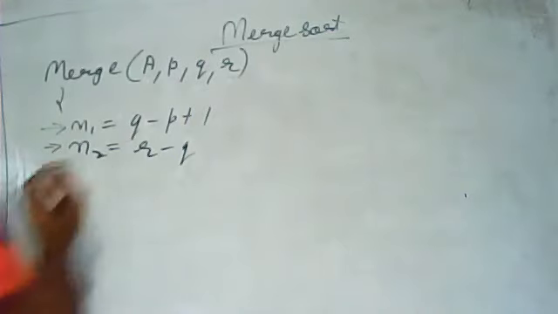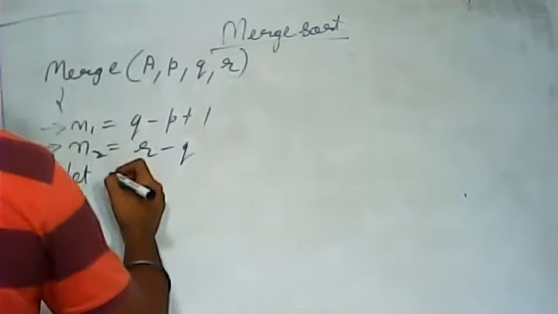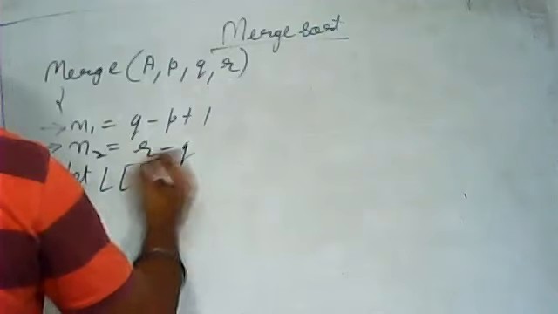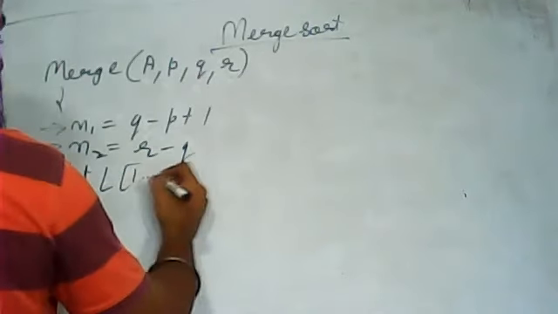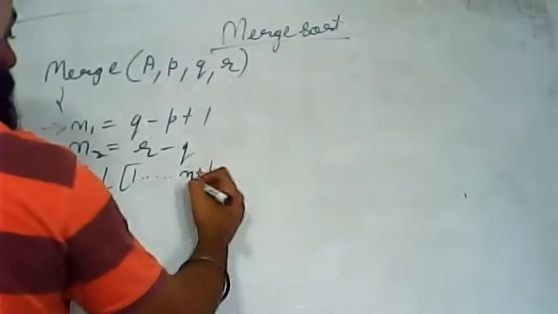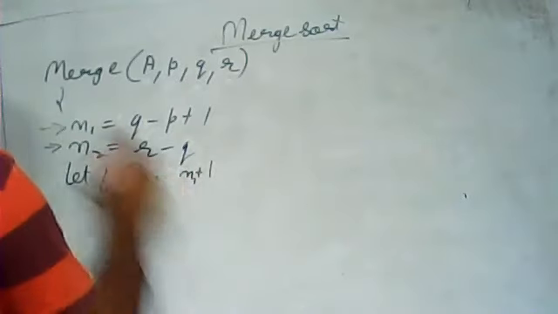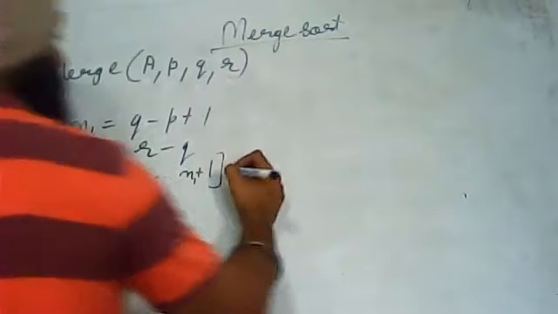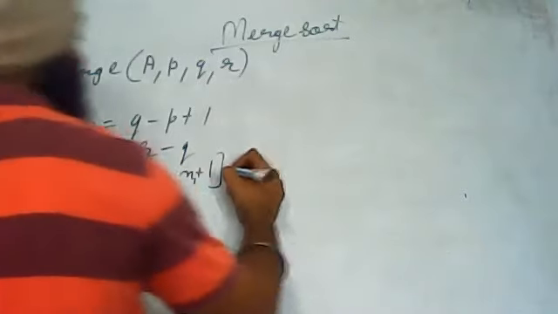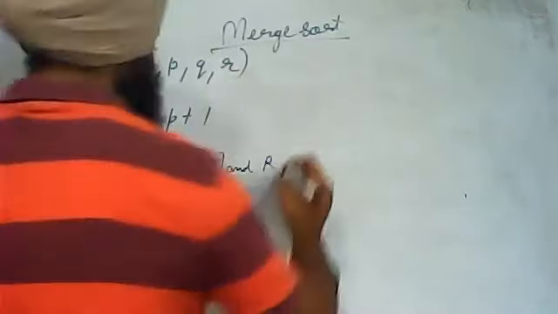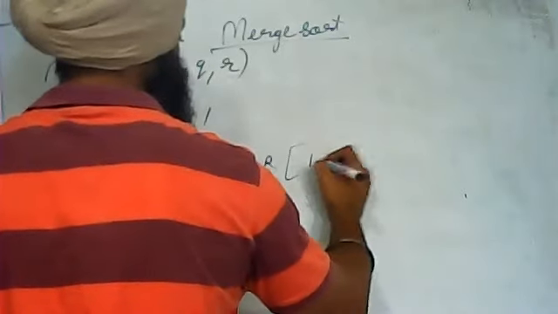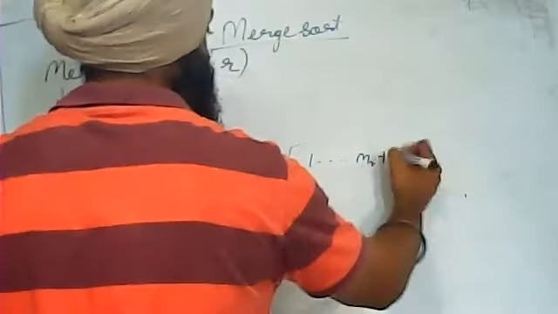These are the two lengths. So I'll create two arrays, a left subarray of length n1 plus 1, and a right subarray of length n2 plus 1.